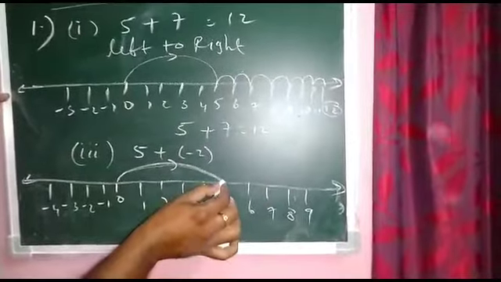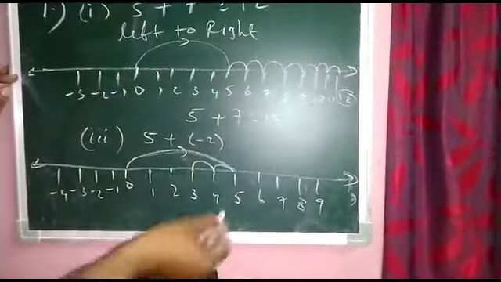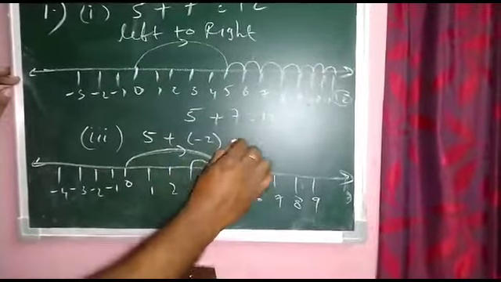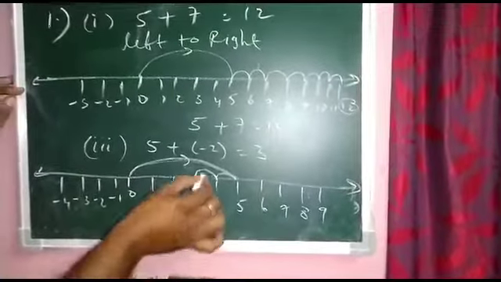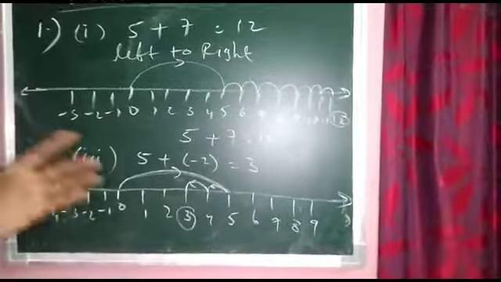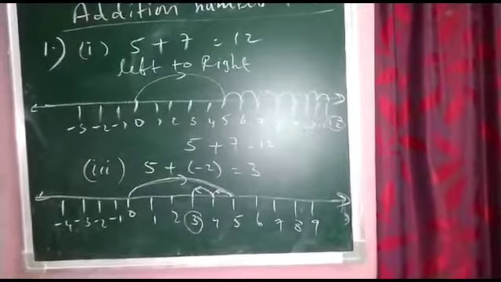How many numbers? 1, 2. You move 2 numbers. The difference of 5 and 2 is 3. The positive number is bigger, that's why the answer is plus 3. Like this way you will do the same pattern for the fourth question also.